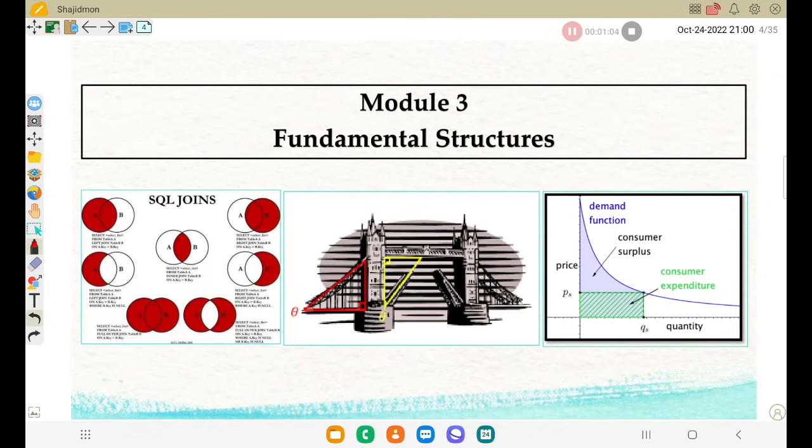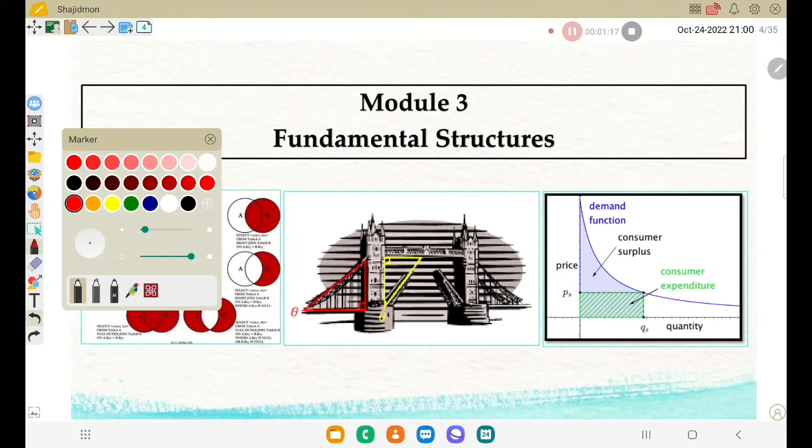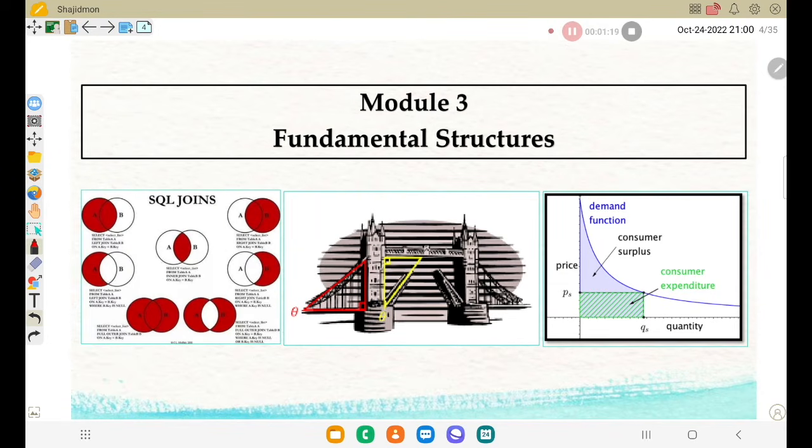Before starting module 3, what are the main applications you can see here? These ideas, sets, functions, sequences and summation, are mainly used in SQL, structured query language.